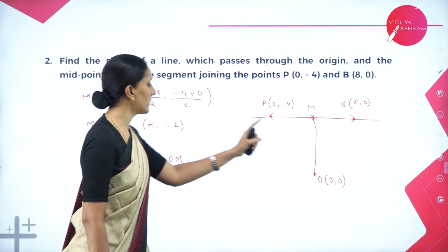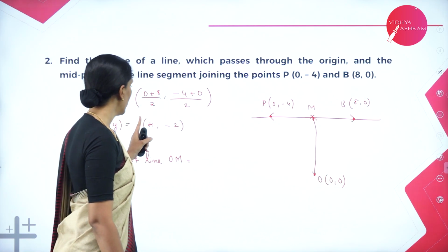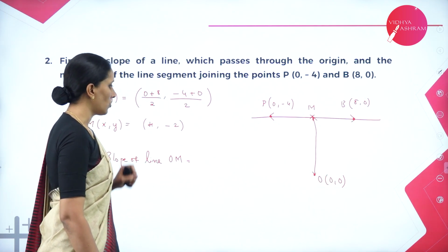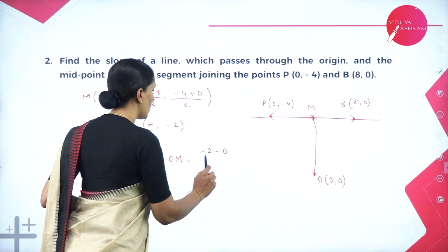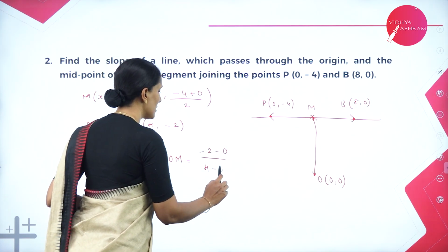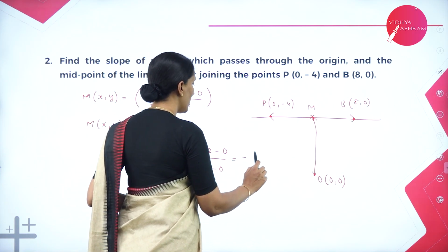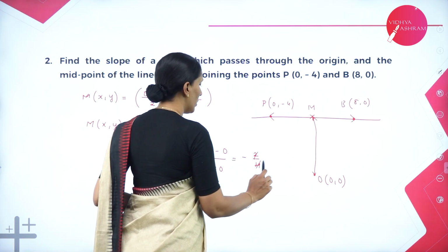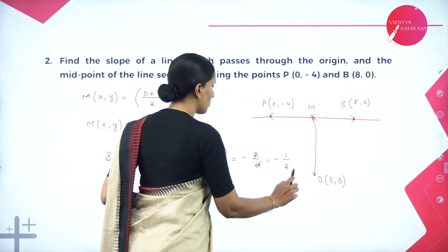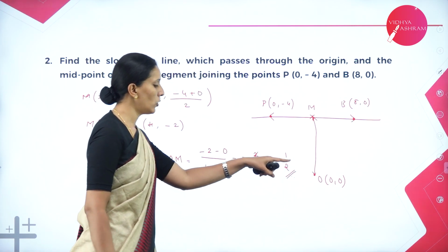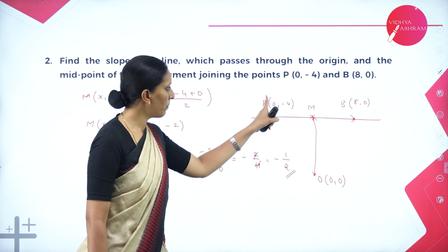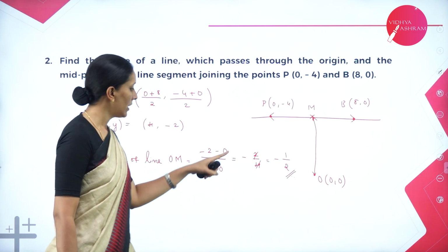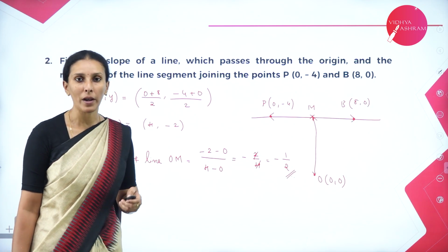Let me consider this as (x1, y1), this as (x2, y2). So it becomes (minus 2 minus 0) divided by (4 minus 0), which is minus 2 by 4. So the value will be equal to minus 1 by 2. Hence the slope of the line which is passing through the origin and the midpoint of the line segment PB is equal to minus 1 by 2.